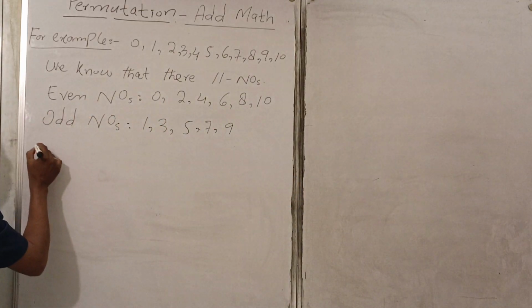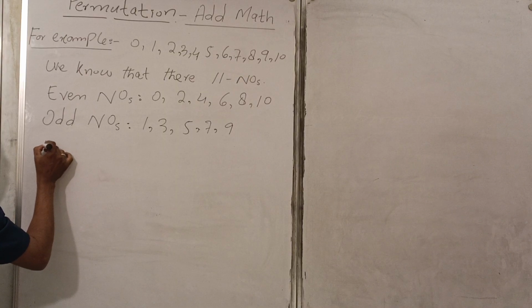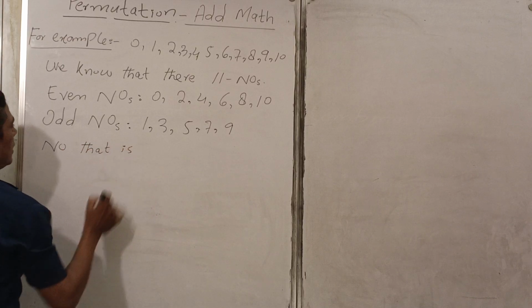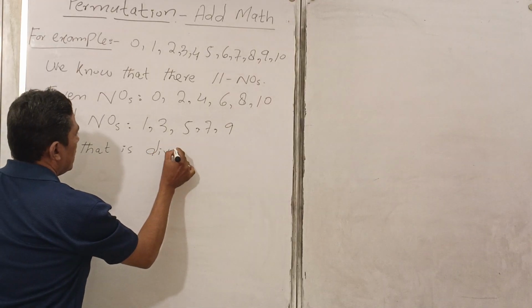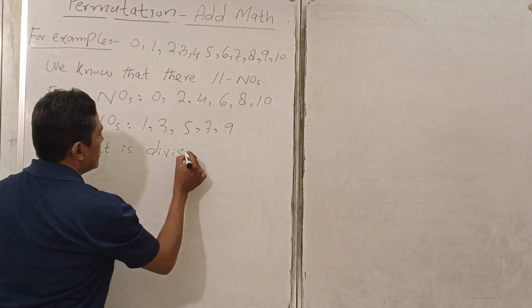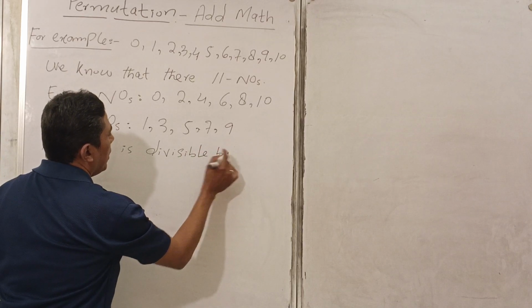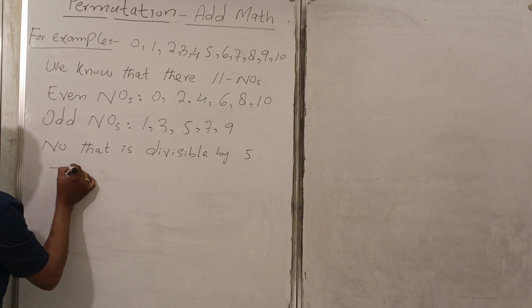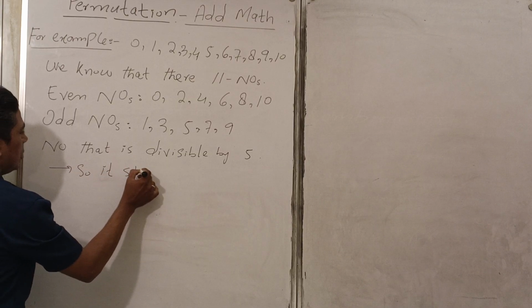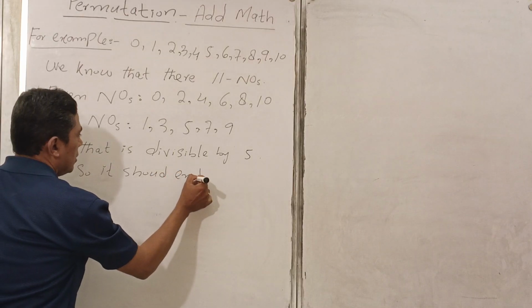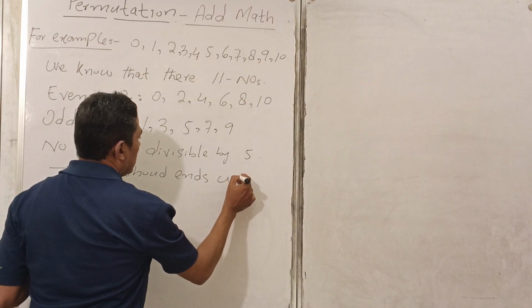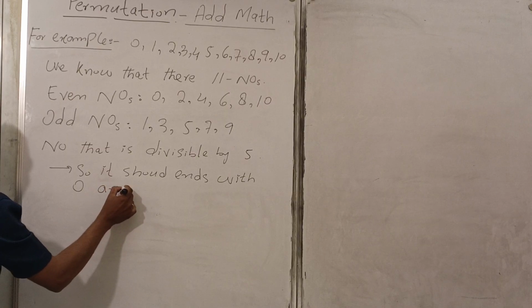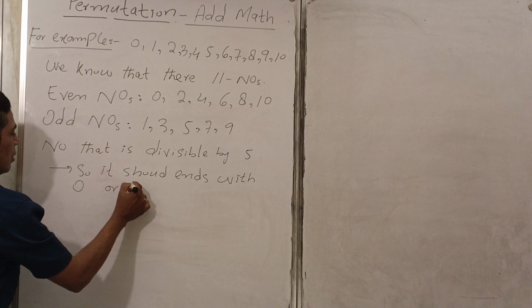If I ask you for a number that is divisible by 5, it should end with 0 or 5.